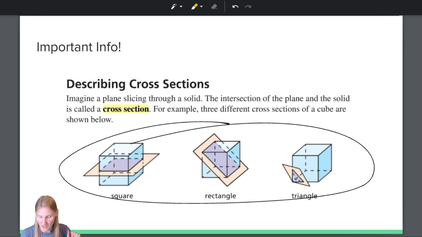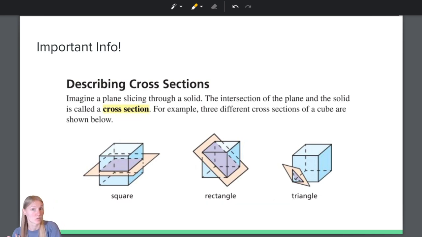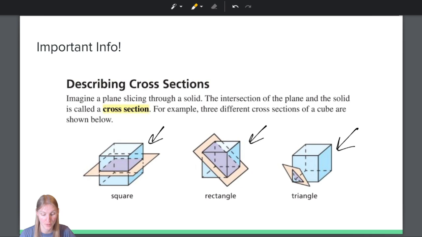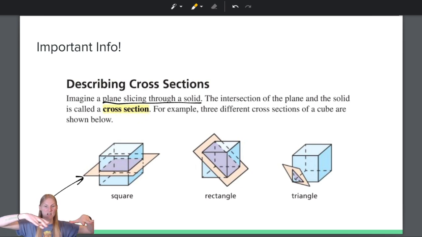In this example that they're giving right here, this isn't the example that we will do. We're going to try some problems on our own in a moment. But first, we are looking at cubes. So the blue shape that we're looking at here, the three-dimensional shape, is the cube. And then they have this yellowish plane that is slicing through the solid. So you can think of it as like a big sheet that's cutting through the shape.